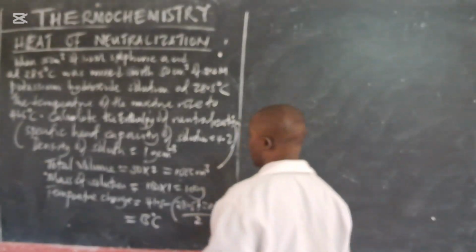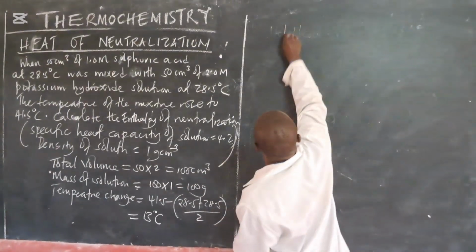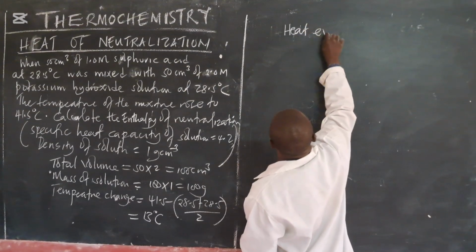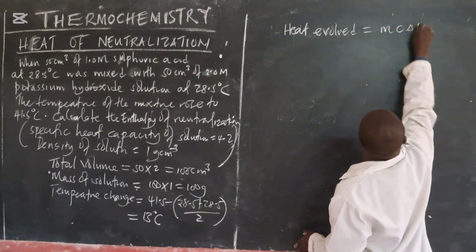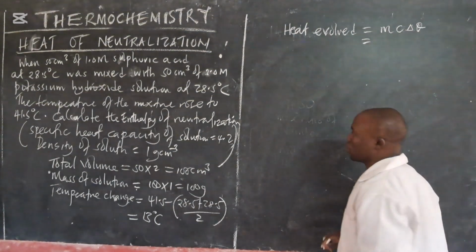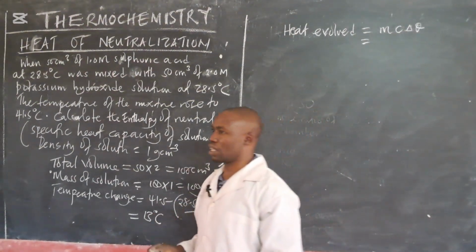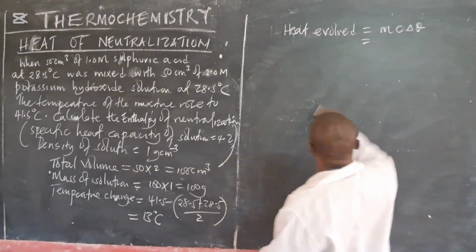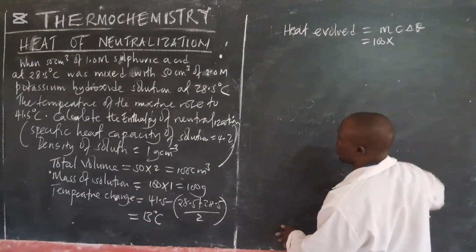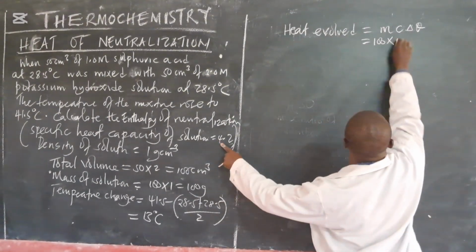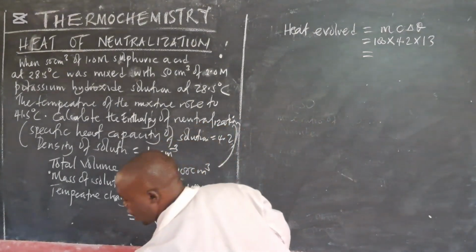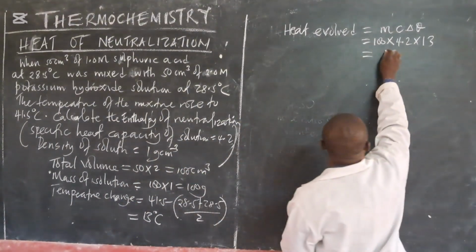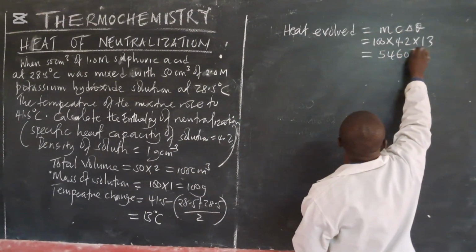Now let's dive into finding the heat evolved. We're going to have this used in the formula because the heat was given out. Now the mass is 100, specific heat capacity 4.2, temperature change 13. So punching it into the calculator, we get 5460 joules.